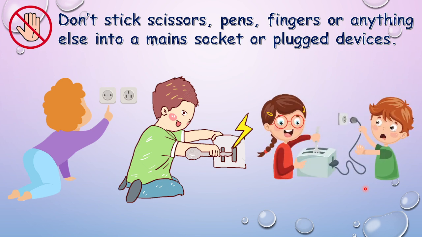Anything inside a socket or devices. Look at the first one. The baby is trying to put her finger in the socket. That one is very dangerous because our bodies are conductors of electricity. We can get electricity, right? Electricity can flow inside our body. Now, you can have an electric shock if you do this.